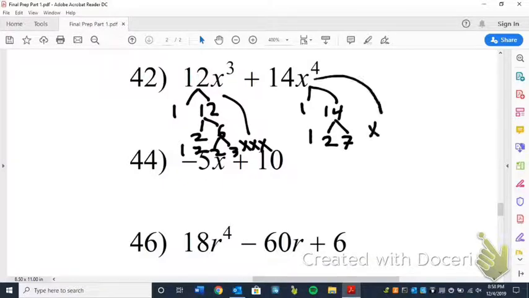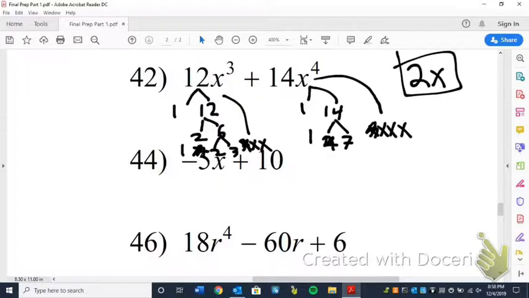And then we have 4 x's. So we look for any commonalities. Because look, all 3 of these x's match up to all 3 of these x's here. So that's 2x cubed, which would be the greatest common factor.